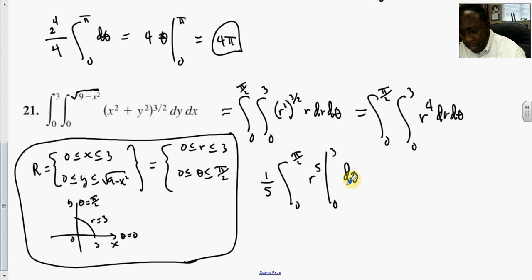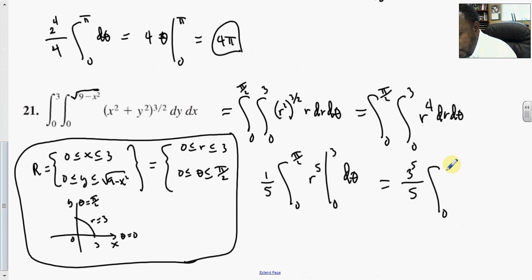Here we get d theta. So we evaluate the r at 3, so that gives us 3 to the 5th all over 5. It's the integral from 0 to pi over 2 d theta.